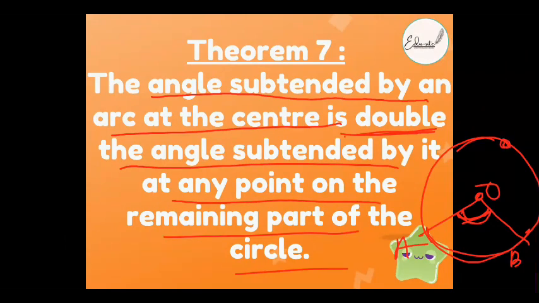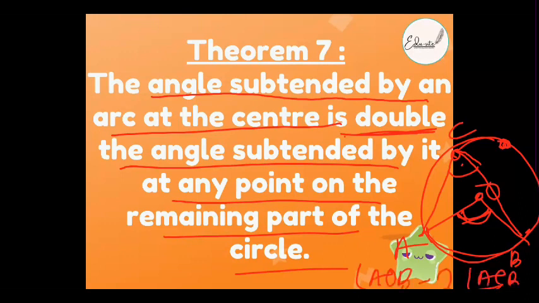If you draw any point here on the remaining part of the circle and subtend another angle from here till here, then this angle will be half of this major angle. Fine. Understanding this? Yes or no, please? Yes. So angle AOB will actually be 2 times as much as angle ACB. This is what you have to prove in this theorem.